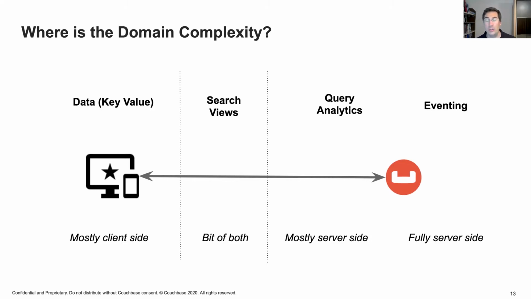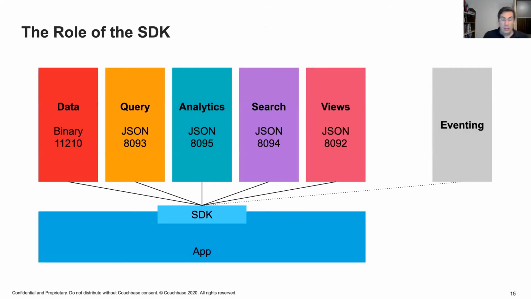But there you can tune the knobs depending on your requirements. And then once we go to the eventing service, which we'll only touch on very briefly, since eventing is a purely server-side component, all the complexity is on the server side and you don't interact with it on the client through the SDK directly.